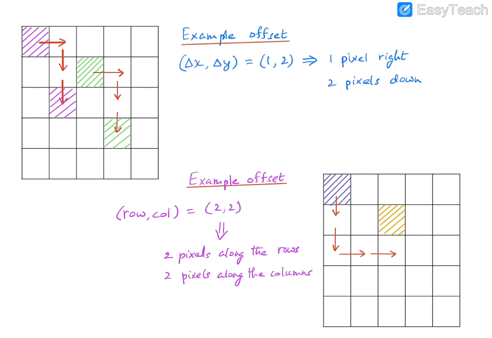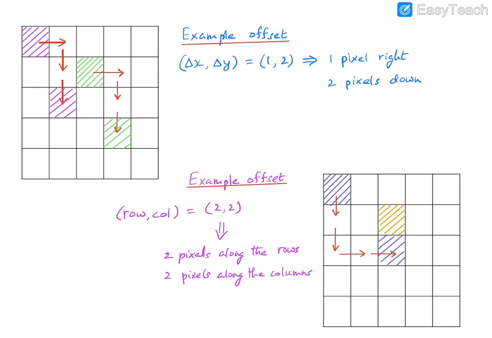So after having moved 2 rows down and 2 columns right, we arrive at this particular pixel. So the pixel which is at an offset of 2,2 from the reference pixel is this particular pixel. So we'll shade it with the same color. This will be our pixel which has the same offset as our reference pixel.